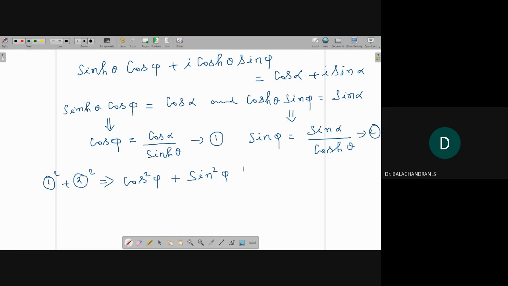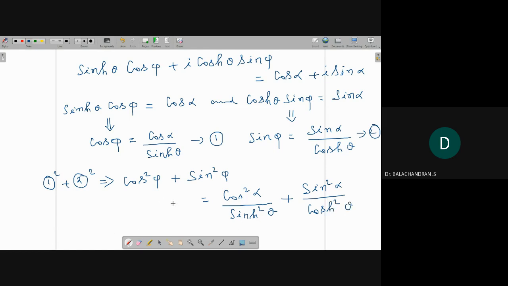You know that. But this is equal to cos square alpha divided by sinh square theta plus sin square alpha divided by cosh square theta.